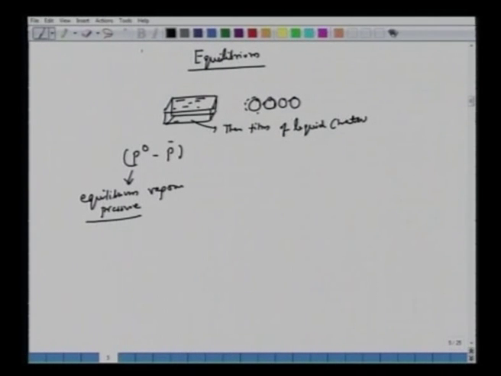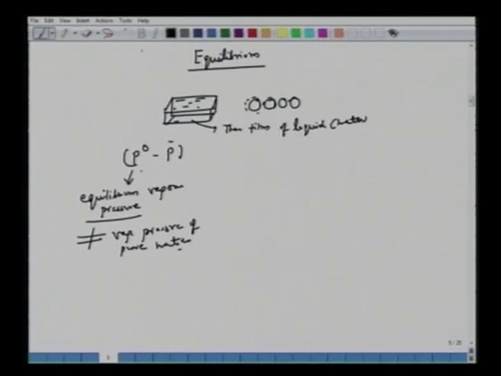Alright, equilibrium vapor pressure. So it's a moisture here, and make a note here that this equilibrium vapor pressure need not be the vapor pressure of pure water. So that's another difference we are having here.